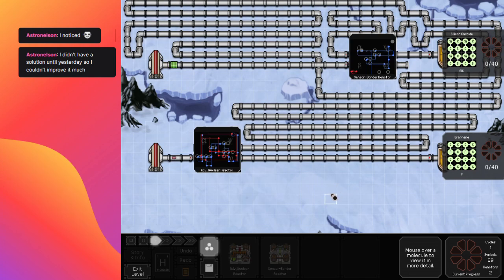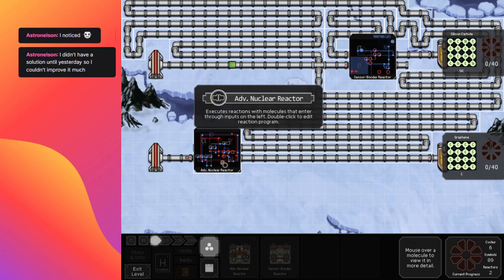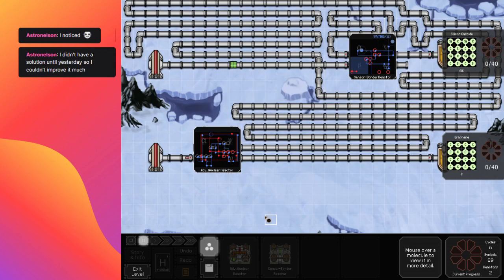And this is another one of those solutions. Now, this is the first solution that we've seen where one of the reactors here creates the graphene and another reactor creates the silicon carbide for a 2-reactor solution.